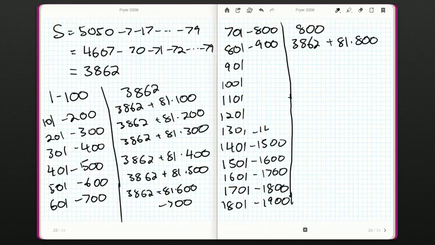So let's mindlessly fill out this little chart. We'll keep track of everything on the right-hand side, but we'll get to filling that out in a moment. All right.